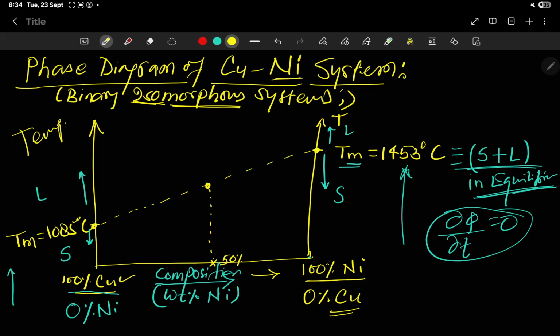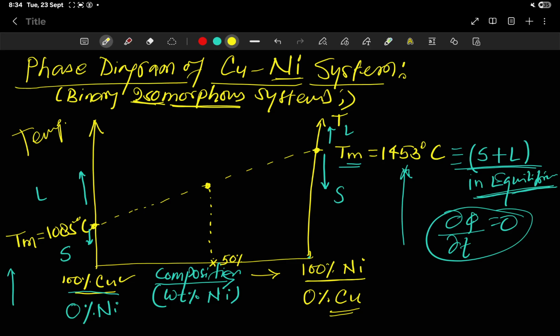So can we say that this temperature is the melting point of the alloy comprising 50 weight percent copper and 50 weight percent nickel?